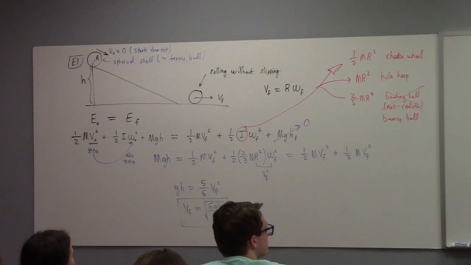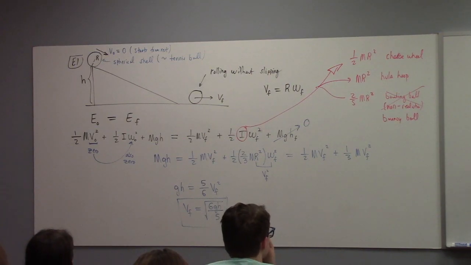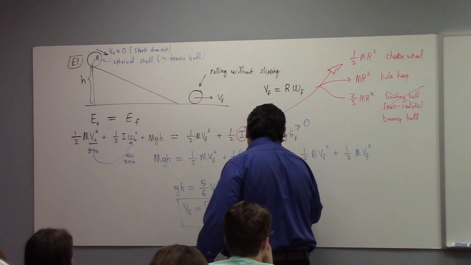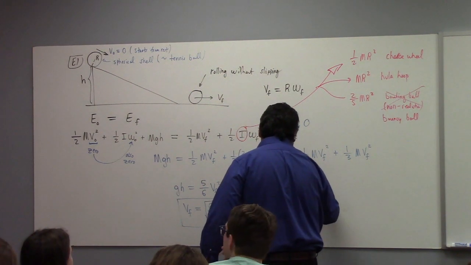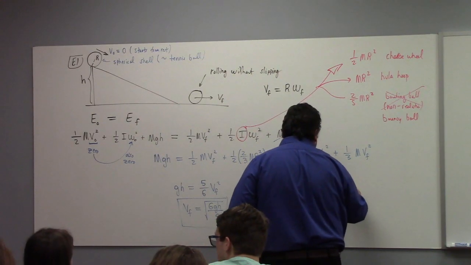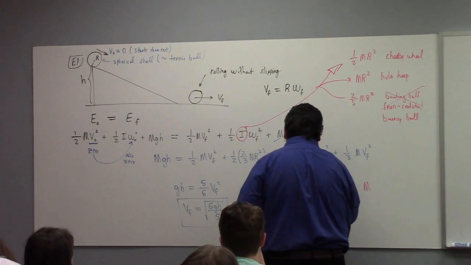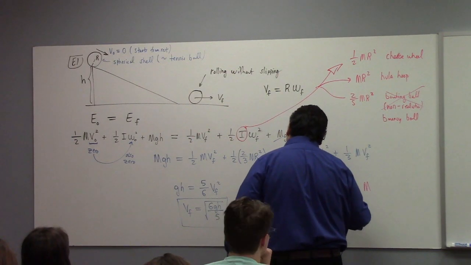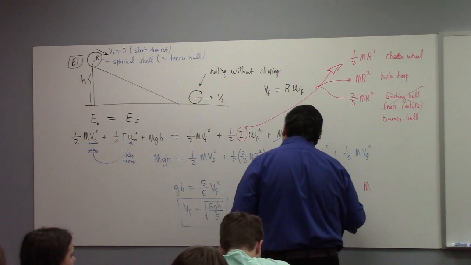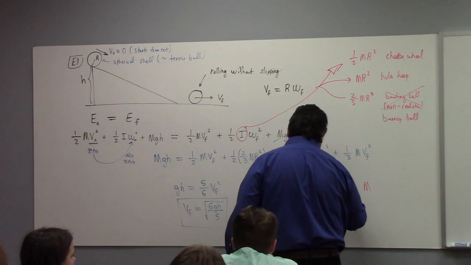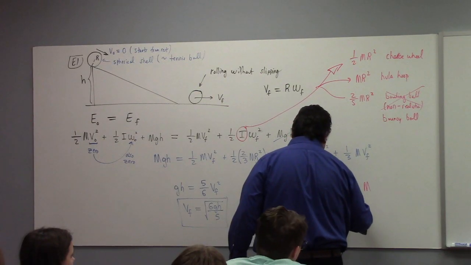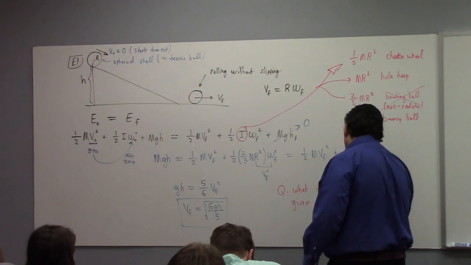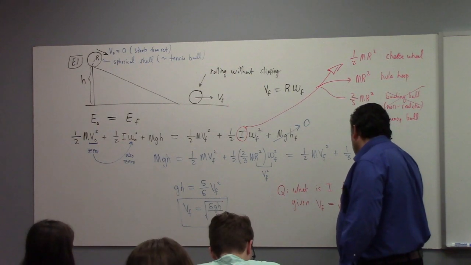The fun way to ask this question in a slightly different way is to ask: what is the moment of inertia for the mass, given Vf is equal to the square root of, say, 7gh over 8, whatever, make up your favorite number.